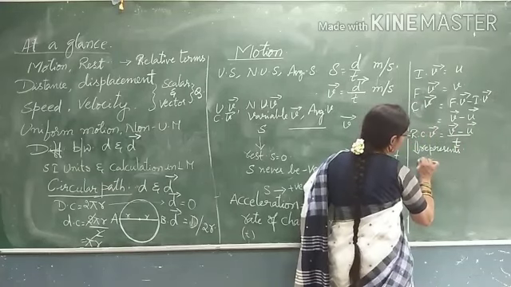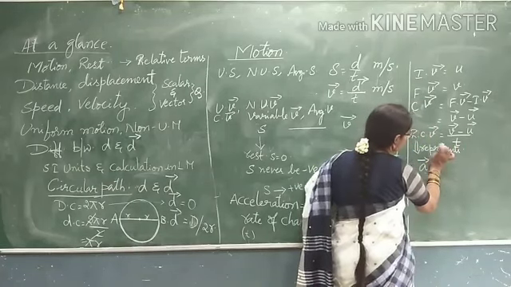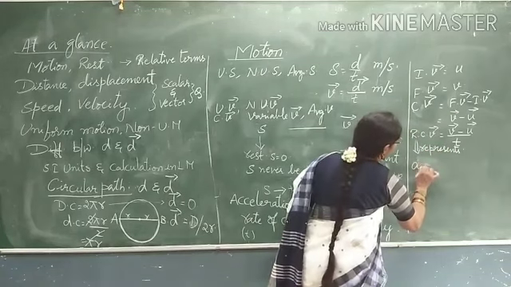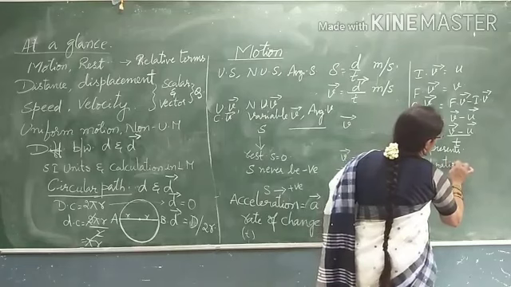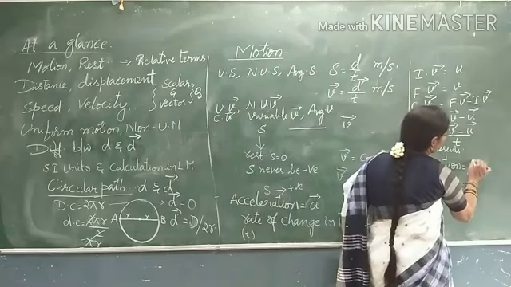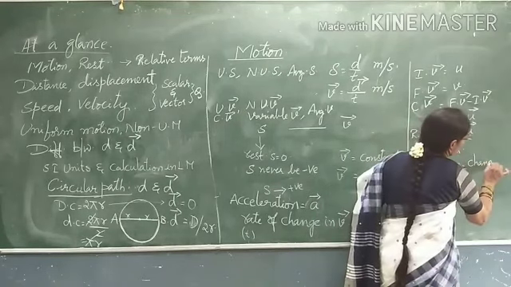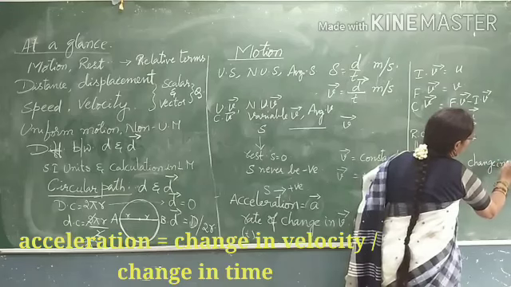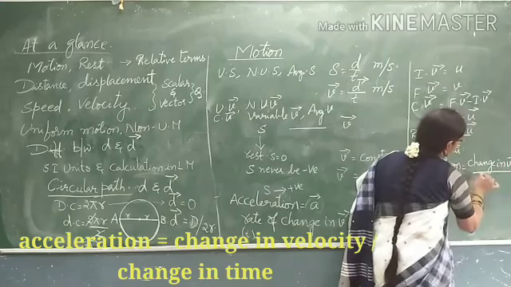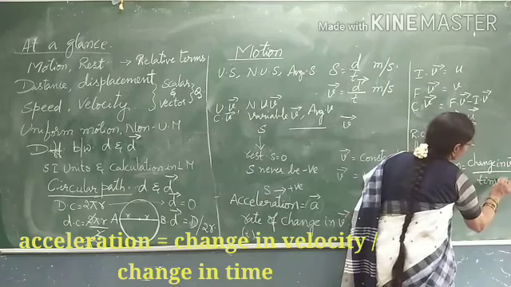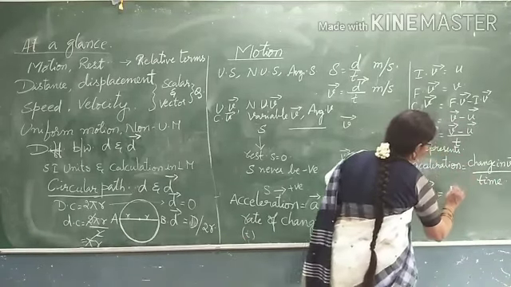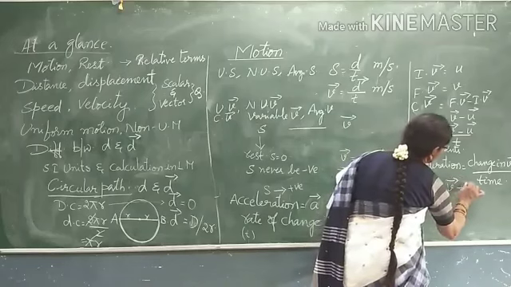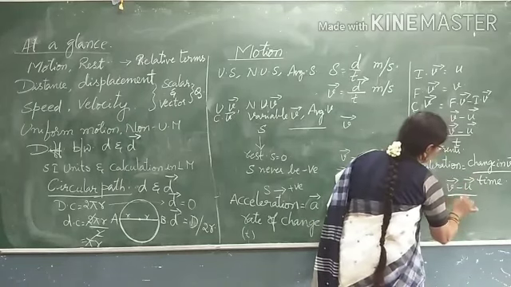So acceleration is equal to change in velocity by time. Symbolically, acceleration is equal to v minus u by t.